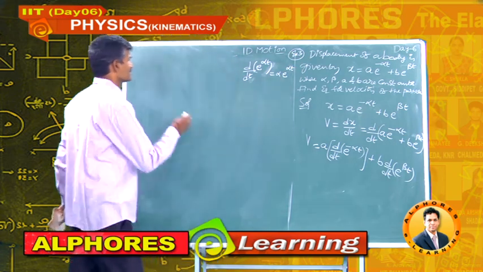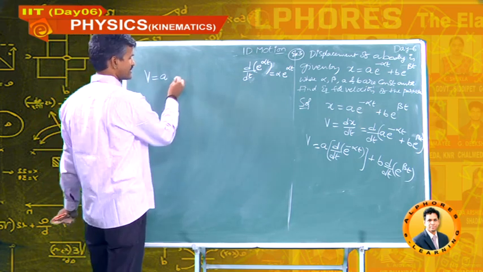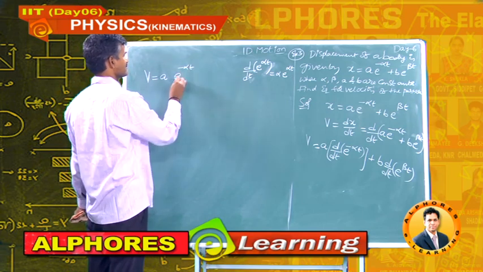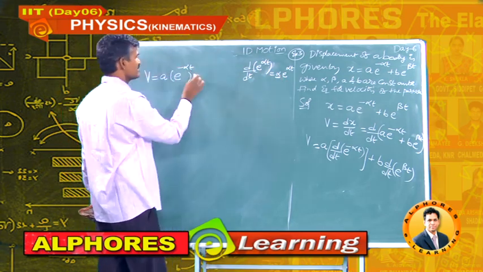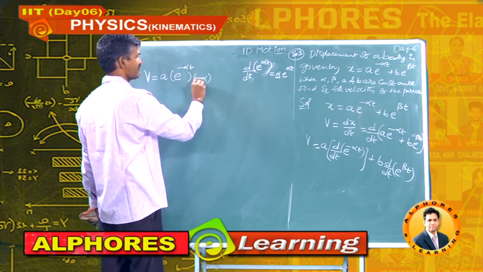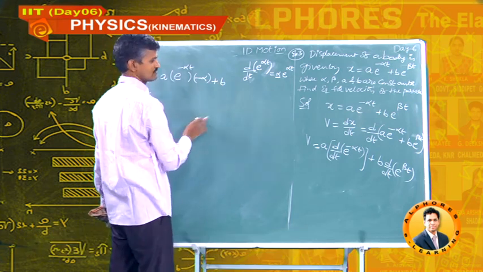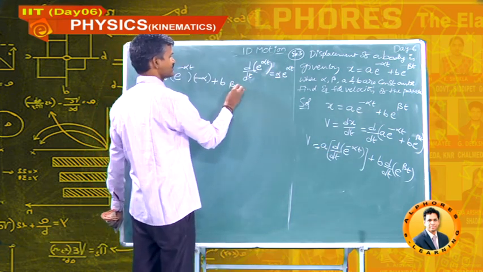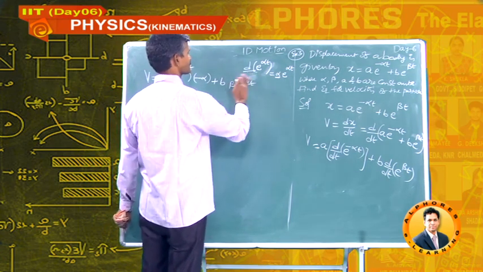So taking velocity as a into d by dt of e power minus alpha t, that is a into alpha, this alpha is negative here, so you have to write minus alpha, plus b into the derivative of e power beta t, that is beta times e power beta t.